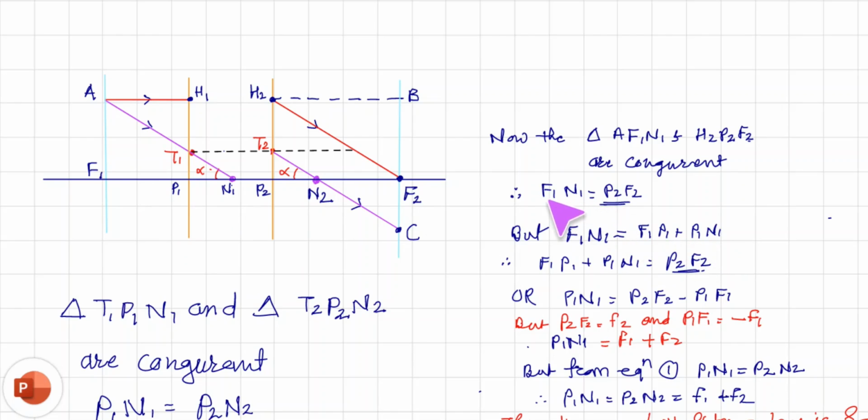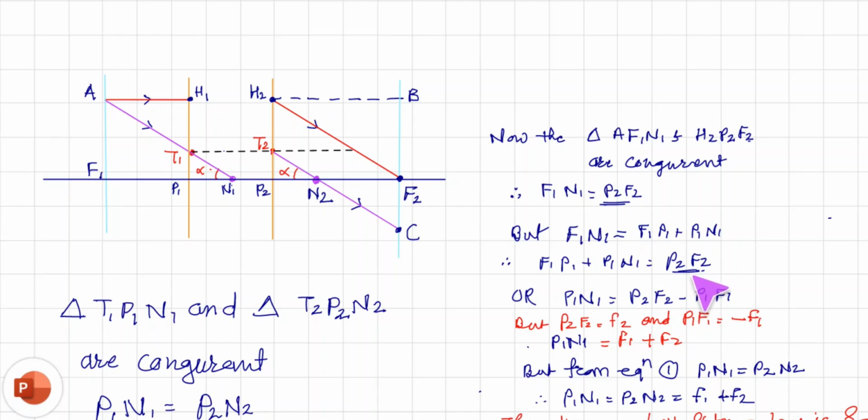We already know F1 N1 is equal to P2 F2, and F1 N1 is also equal to this. So putting the value of F1 N1 here, F1 P1 plus P1 N1 is equal to P2 F2. Or from this we can say P1 N1 is equal to P2 F2 minus F1 P1.